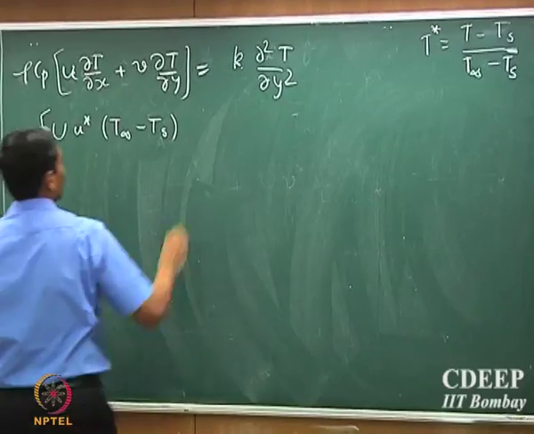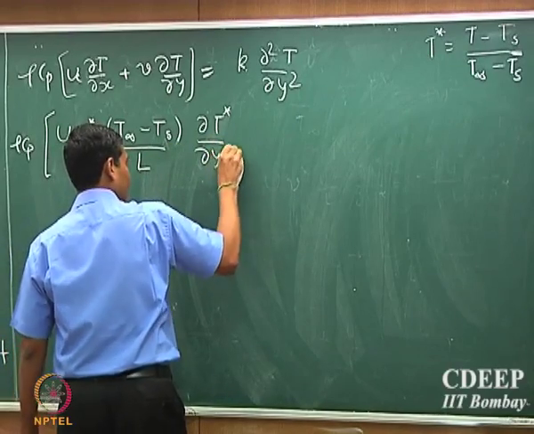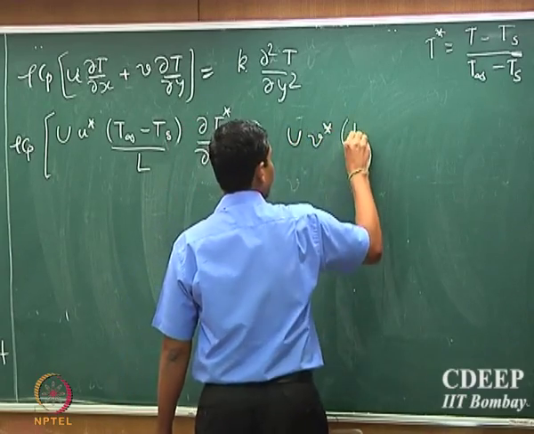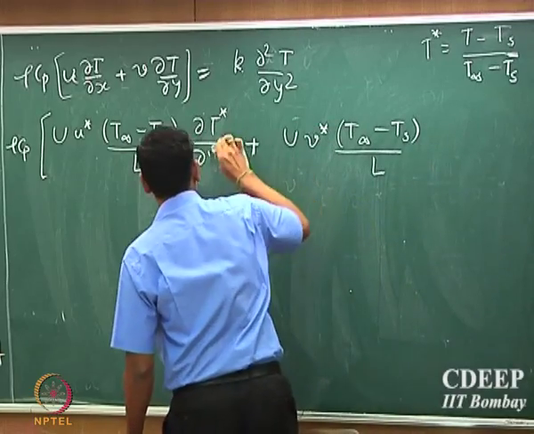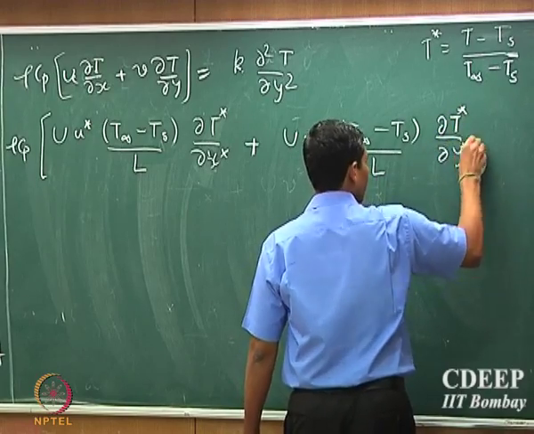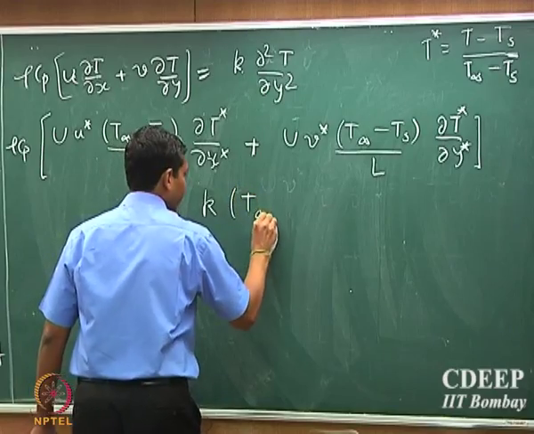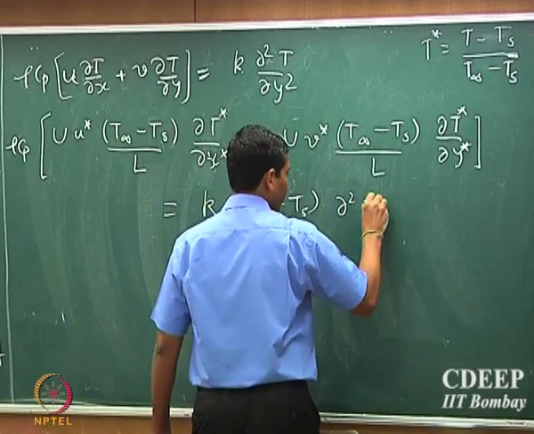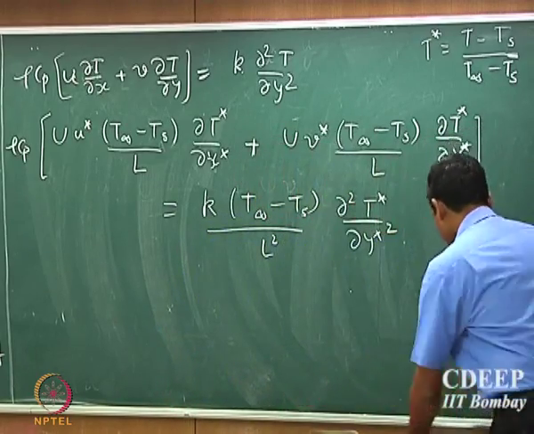rho Cp into dT star divided by L y star plus u into v star (T infinity minus Ts) divided by L into, oops, should be x, dT star by dy star, okay. That should be equal to k into (T infinity minus Ts) divided by L square into d square T star by dy star square, okay.